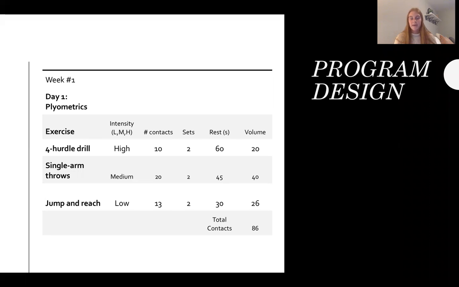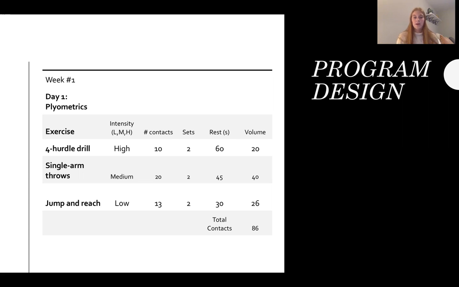So here is an example of a program design. I have the exercises listed. We have the four hurdle drill, single arm throws, and the jump and reach. I designed this program for a male baseball athlete who is a pitcher. I have the intensity, the number of contacts, sets, the rest, and the volume.